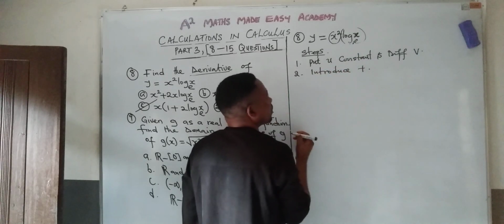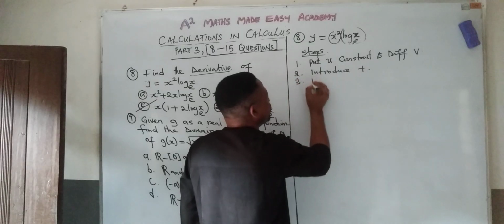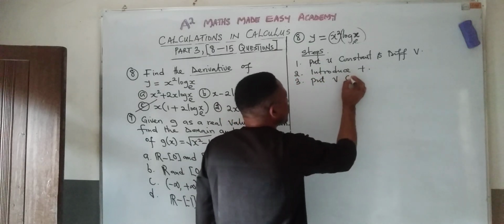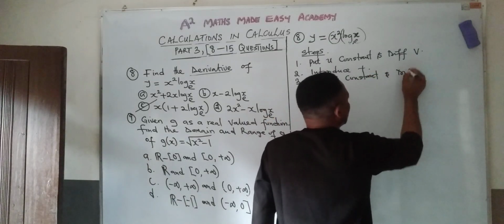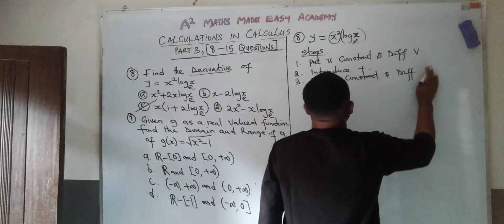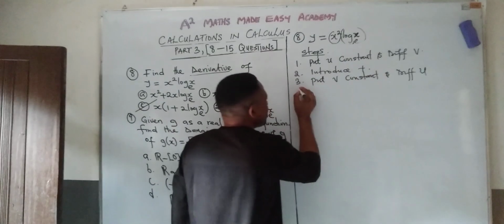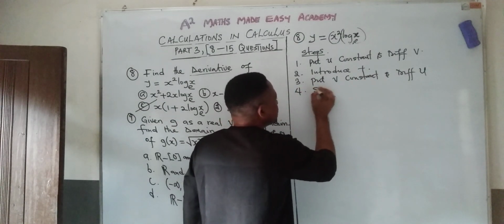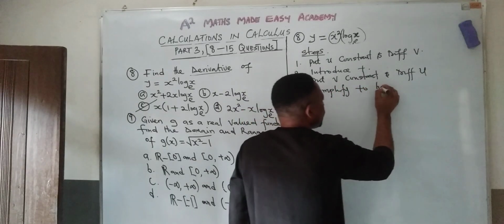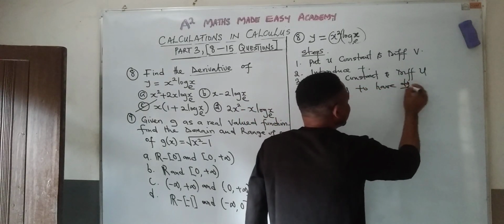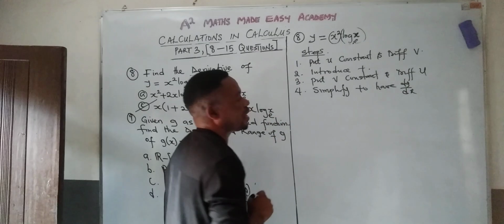Are you with me now? Then the third step is to put v constant and differentiate u. Very simple. Then finally, which is the fourth one, simplify to have dy dx. That is all. Can we move ahead now?